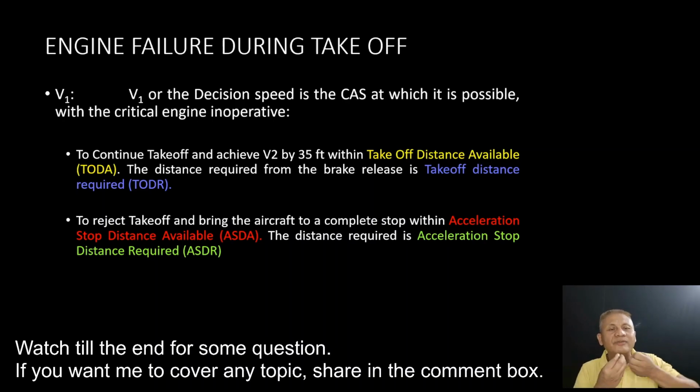So how is this V1 related? Whenever we talk about the aircraft takeoff speeds, V1 and the VR are always spoken of in conjunction, like the V1 VR ratio. You have heard this. So my V1 has to be within a certain range from my VR. Let's have a look at that.